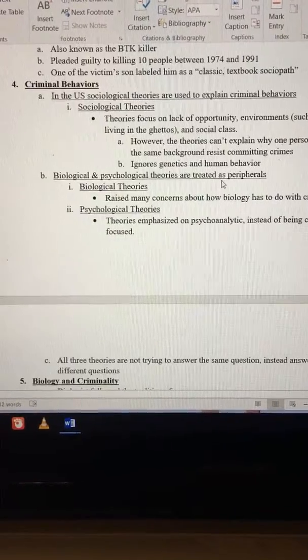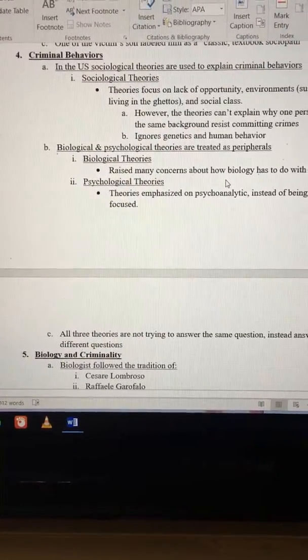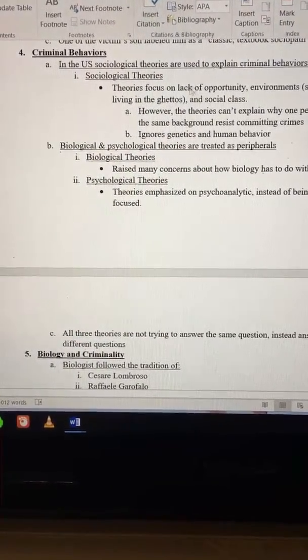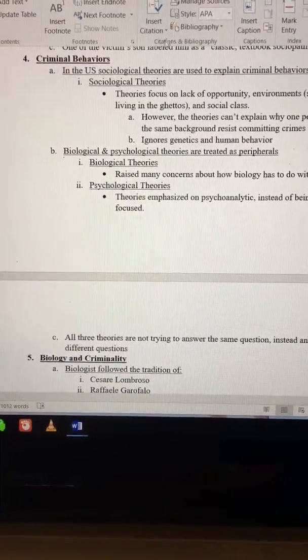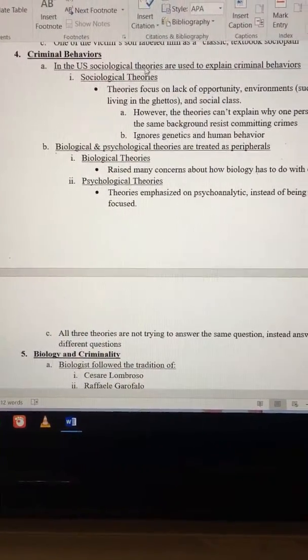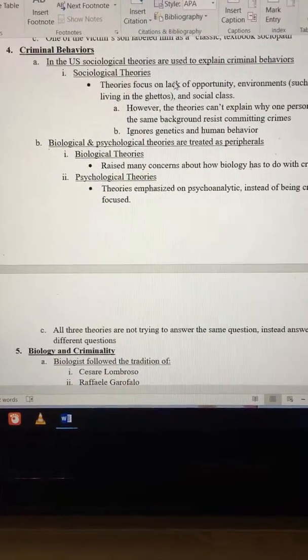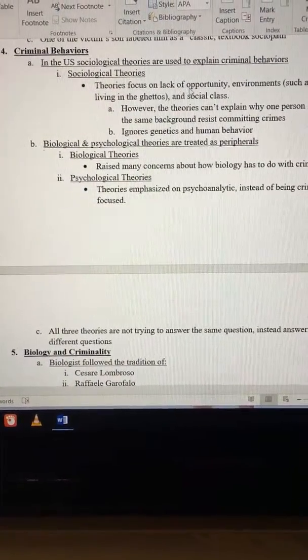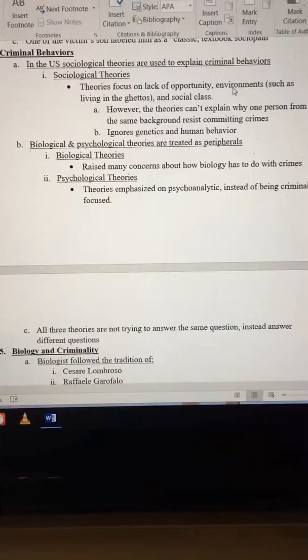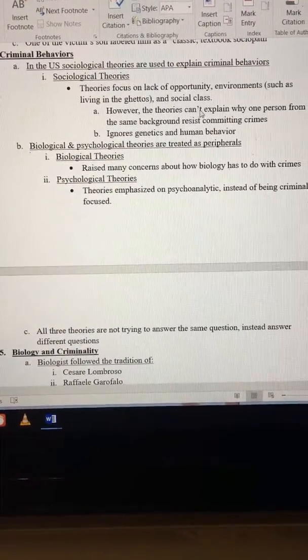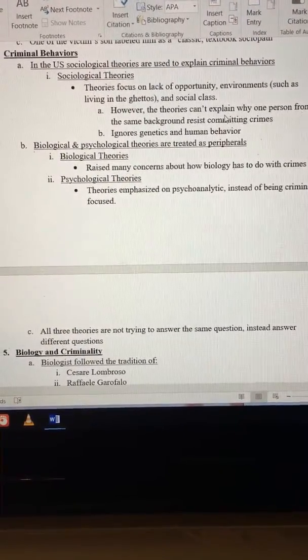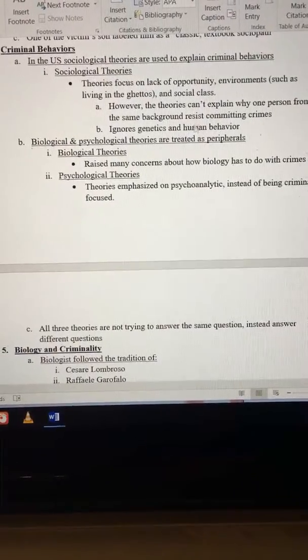With criminal behaviors, there are mainly three theories that are used. However, in the U.S., sociological theories are the most dominant. These theories focus on opportunity, environments, and social class. They can't explain why one person from the same background resists committing crimes.